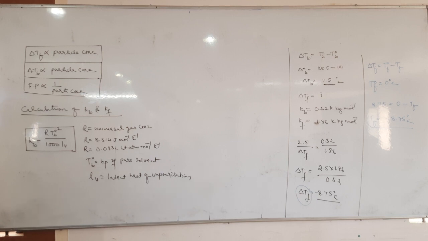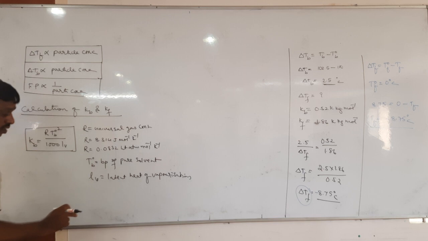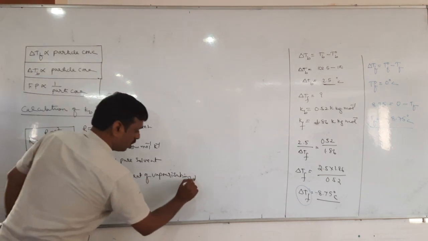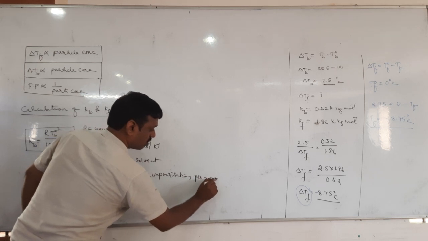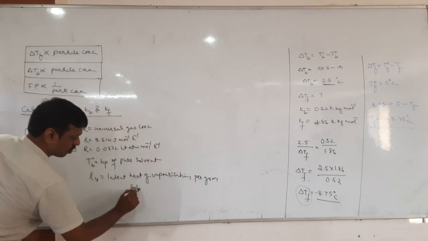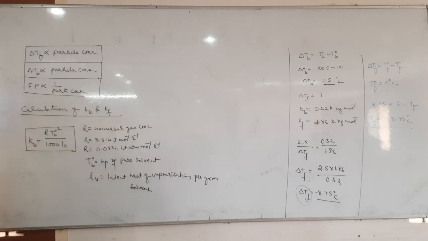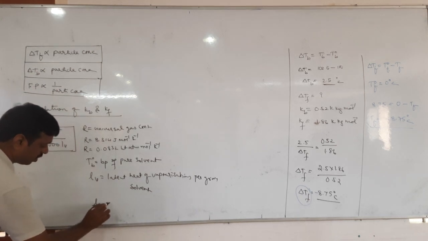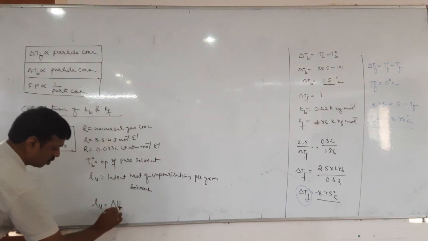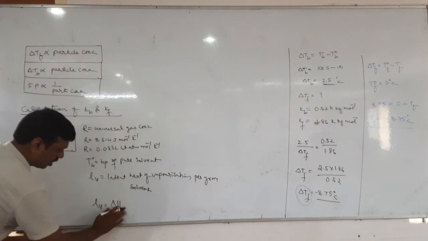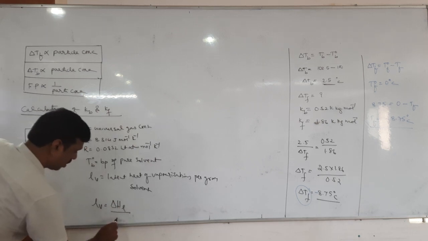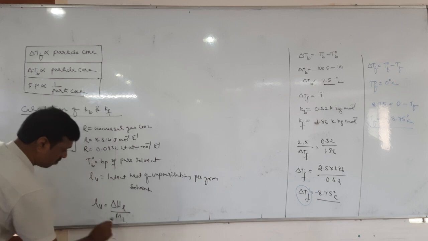KB of water is different, KB of benzene is different. Similarly, LV of water is different, LV of benzene is also different. Okay. So latent heat of vaporization is per gram of solvent. But LV is also equal to, you can write delta H V or delta H L divided by the molar mass of the solvent.